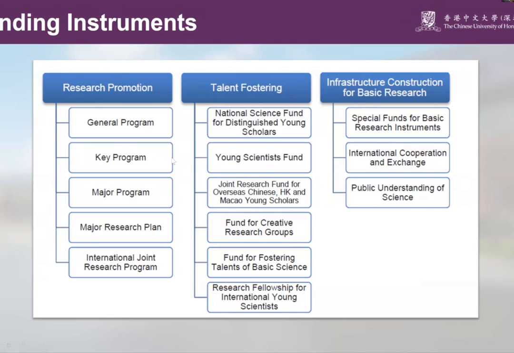It doubles that of the general individual research grant. For the general program, the success rate is around 20%. For the Young Scientists Fund, it's a 30–40% success rate.